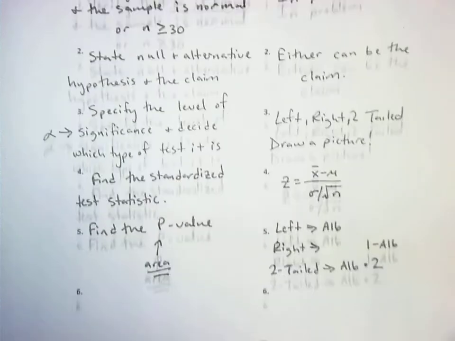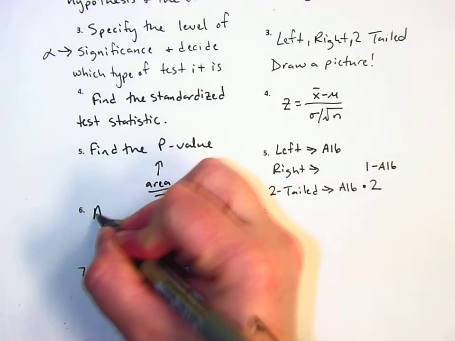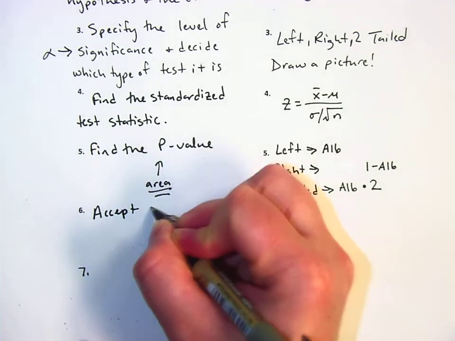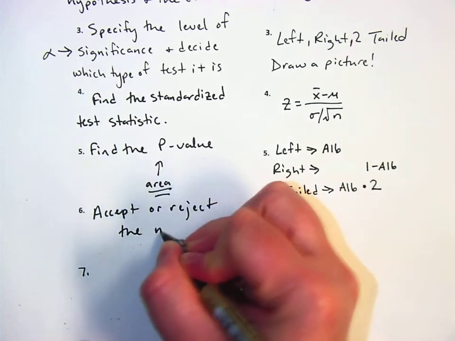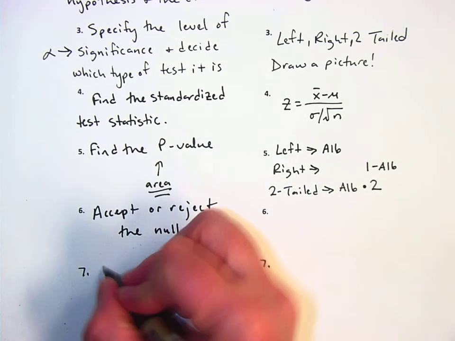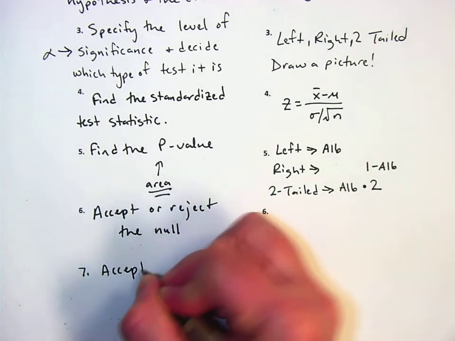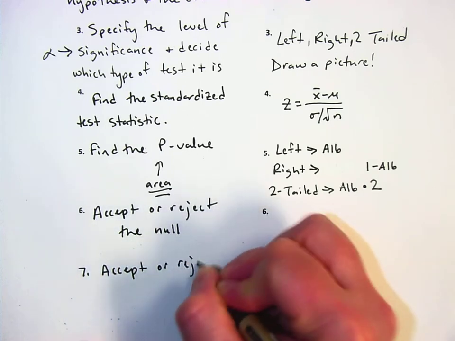So step 6 is to accept or reject the null. And step 7 will be to accept or reject the claim.